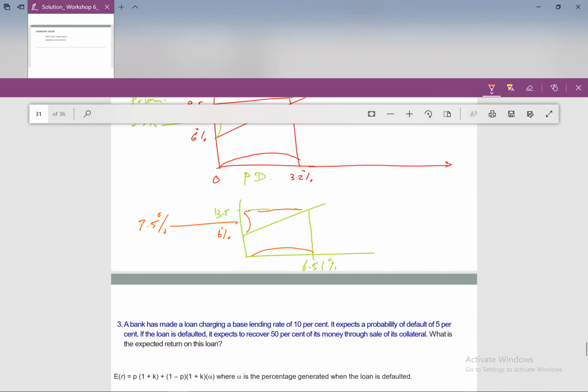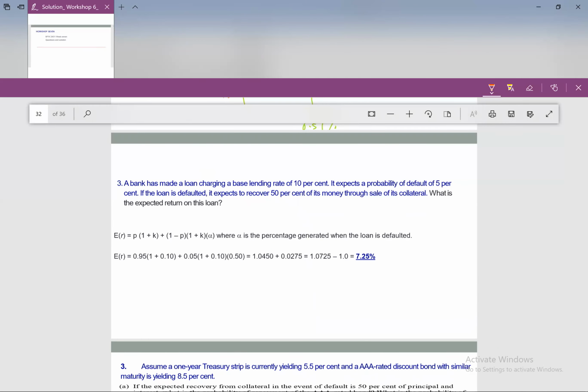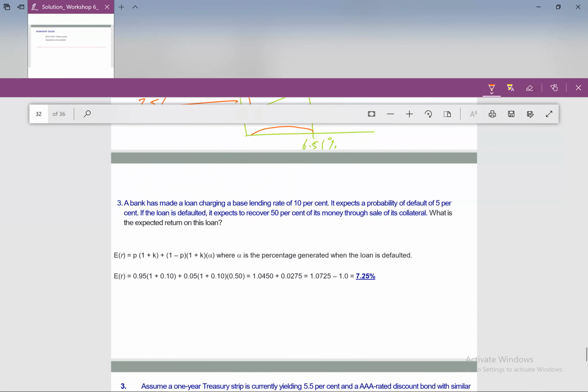Okay. Now, I think I have discussed this in the tutorial.